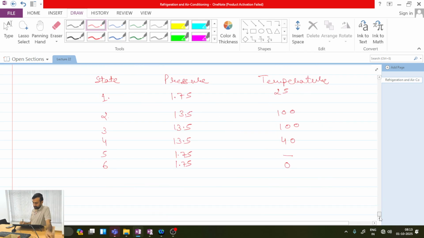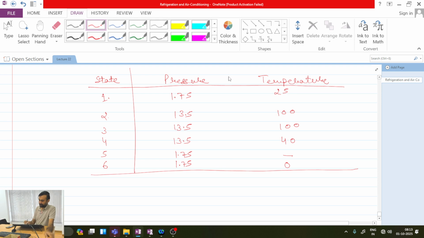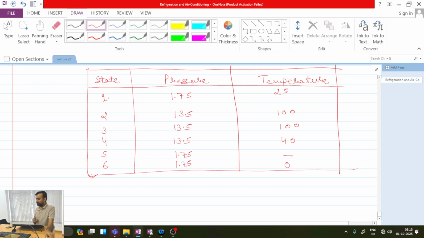Now one table is provided. In this table, corresponding to different state points, the values of pressure and temperature are given. So you can note down the values of pressure and temperatures which are actually given in the question. Is this one clear? Now let me read the statement of the question, and the key data which are given in the statement, that also we will note down.